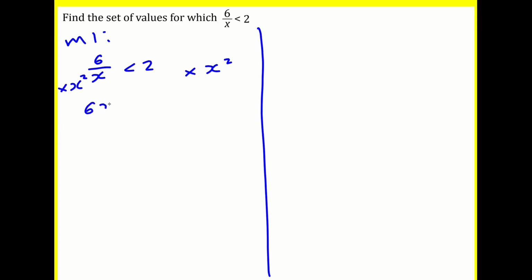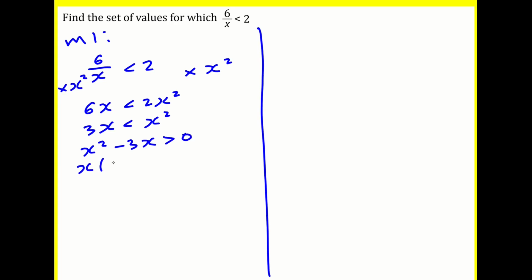That will give 6x is less than 2x squared. Now divide through by 2. We could have done that right from the start, to be fair. 3x is less than x squared, which means x squared minus 3x is greater than 0.